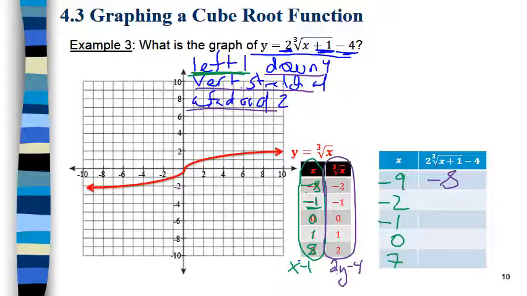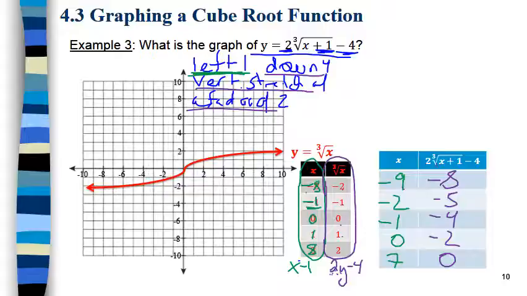So for negative 1 times 2, we'll get negative 2, minus 4 is negative 5, and you can double check that that fits into this function. So 0 times 2 is 0, minus 4 is negative 4. 1 times 2 is 2, minus 4 is negative 2. And 2 times 2 is 4, minus 4 is 0.